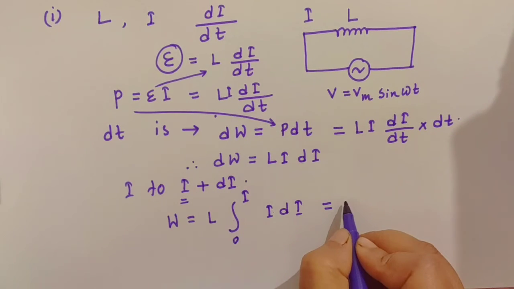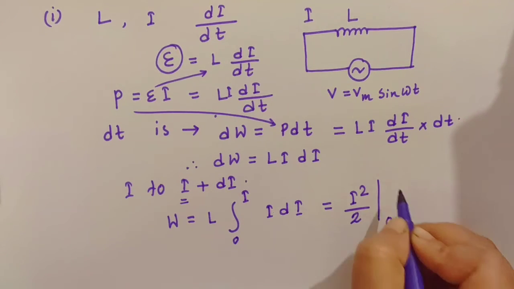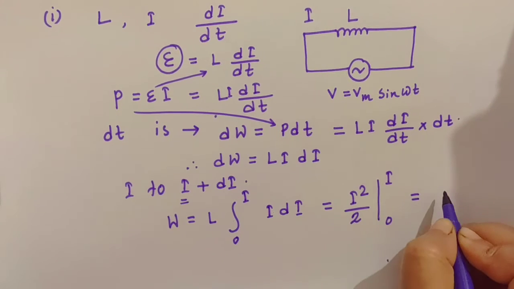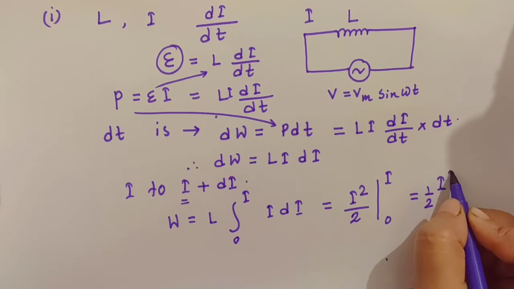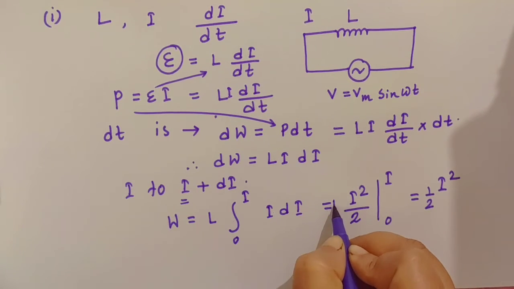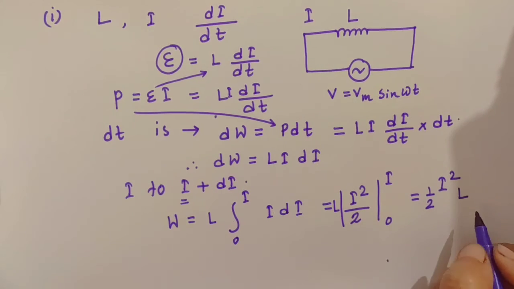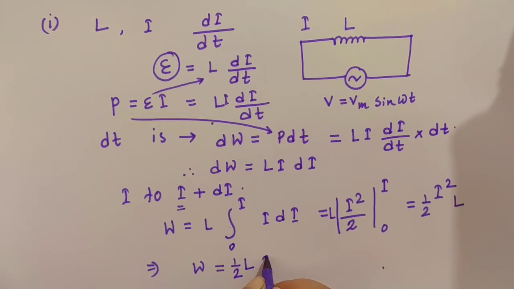The integral of I di is I square divided by 2, with limits 0 to I. So finally we get half I square, and L is here. So the energy stored in an inductor W is equal to half L I square.